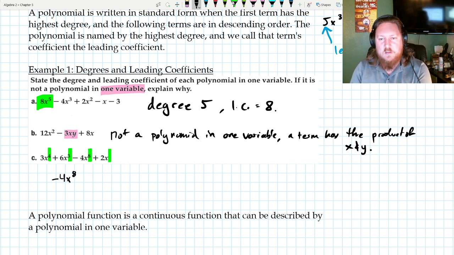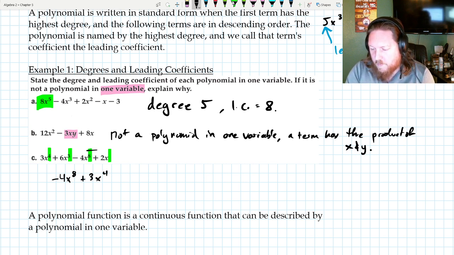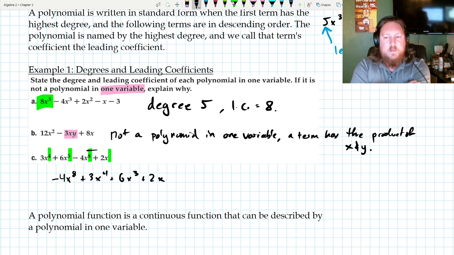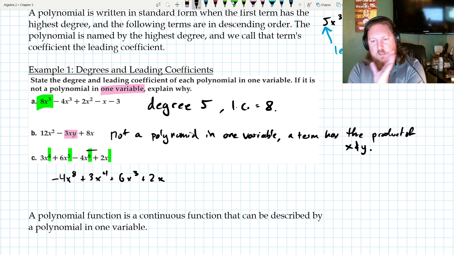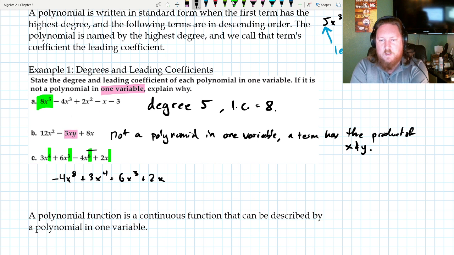My next largest, I'm going to put a little mark here to say that I've finished that one. My next largest is the 4th degree. So I have plus 3x to the 4th plus 6x cubed plus 2x. There we go. Now it's a polynomial written in standard form because it has descending powers of exponents.